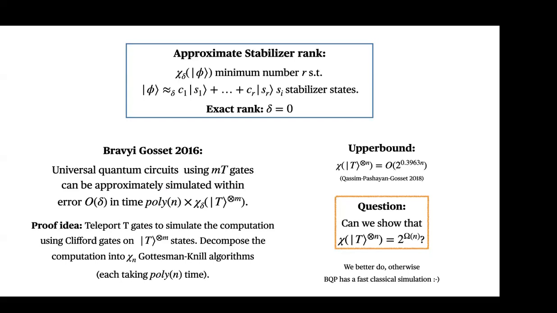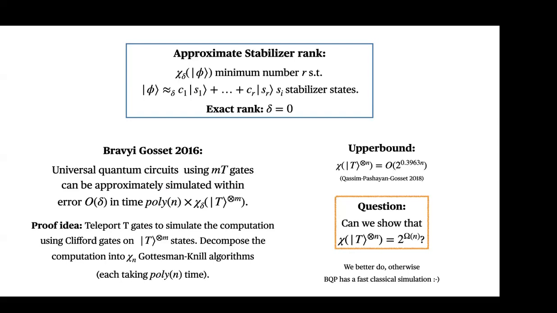This number is a fixed number; it doesn't depend on the details of your computation. It only depends on the number of T states that you start with. And the proof idea is that you just take the state and decompose it into that many terms, and use the Gottesman-Knill theorem on each branch separately. Of course, there are many details that I'm hiding, but you can read the paper for the details.